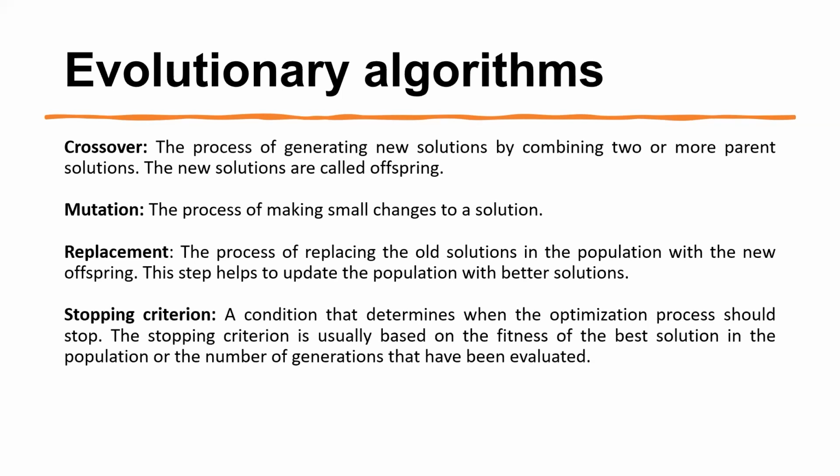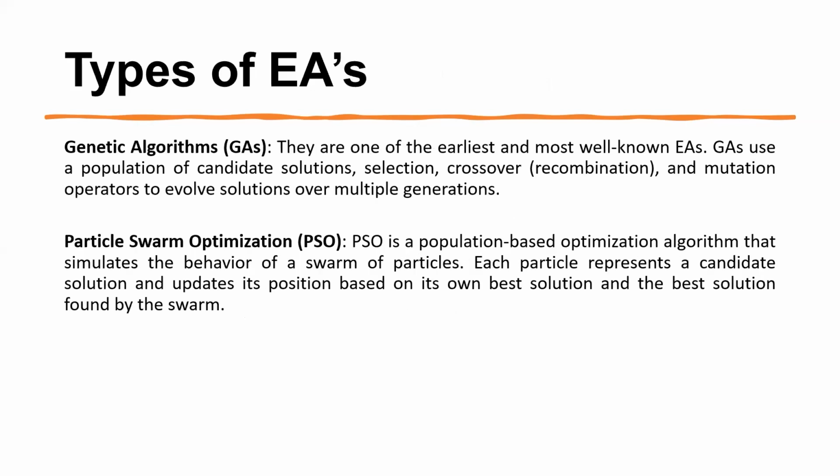Then the stopping criteria, similar to optimization stopping criteria, where we have to determine when we want to stop the algorithm, after how many generations we have to stop the algorithm, and so on. So these fall under the evolutionary algorithm and its components.